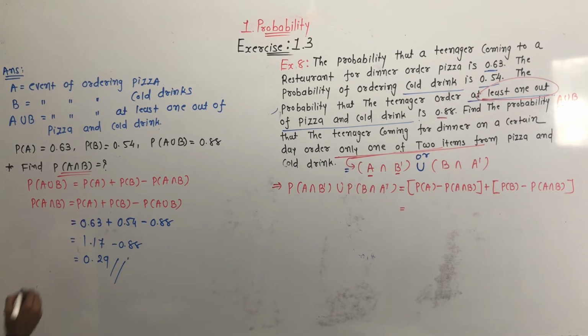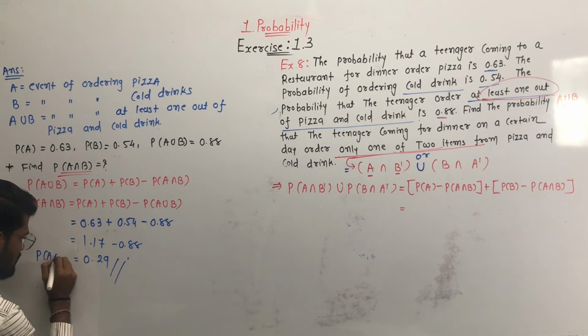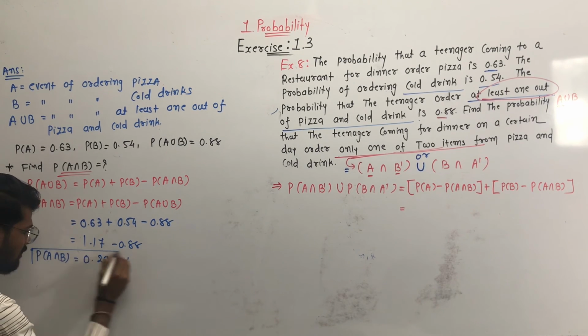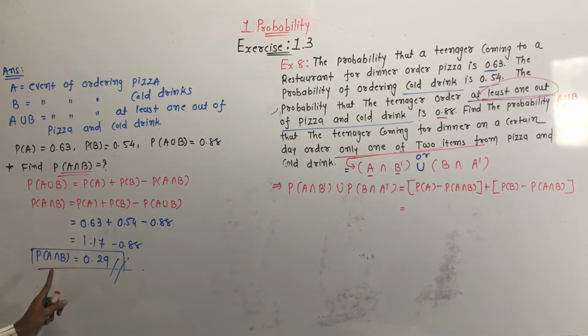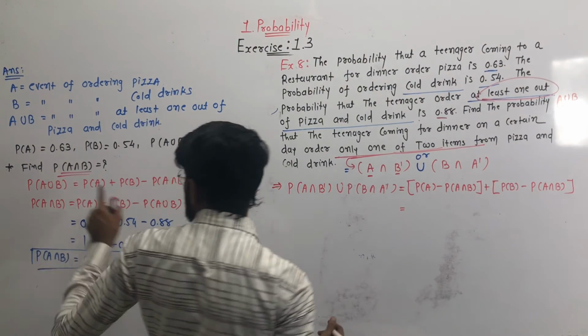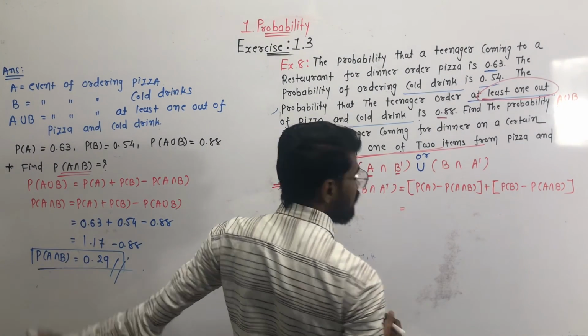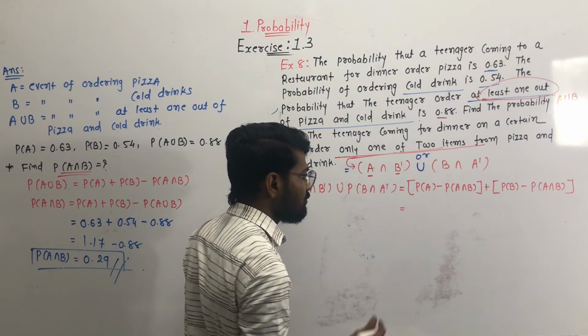Yes, so this is the probability of the intersection of events A and B. Clear? Now put the values of P of A, P of B and P of A intersection B over here.